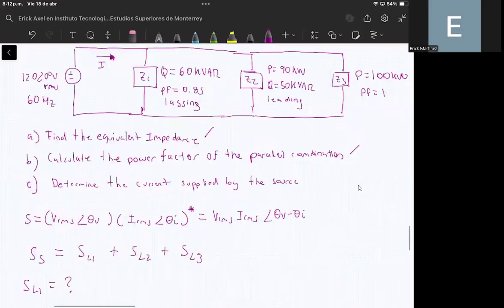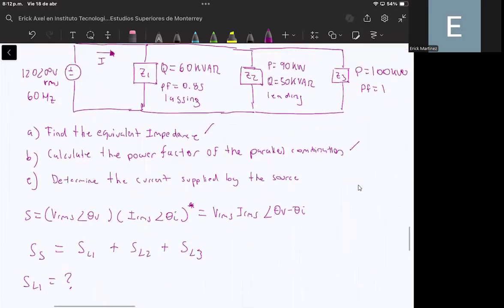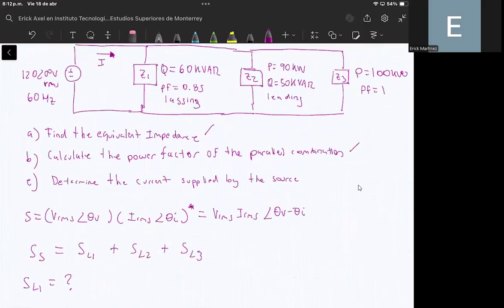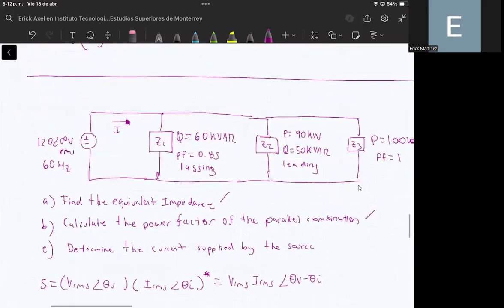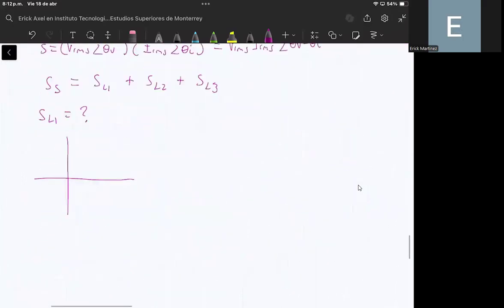So based on the information that we have, we can conclude the following. First, we know that we have a reactive power of 60 kilovars. More or less in this position should be the complex power of load number 1, S L1.